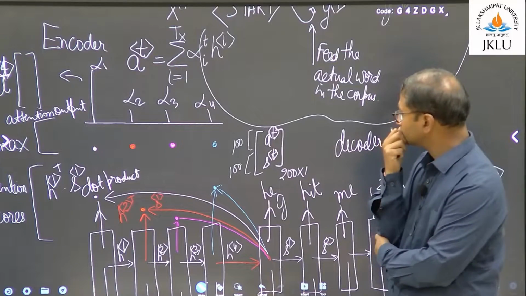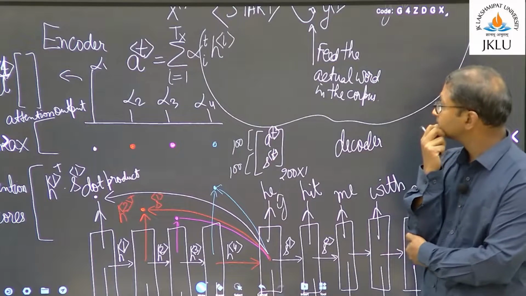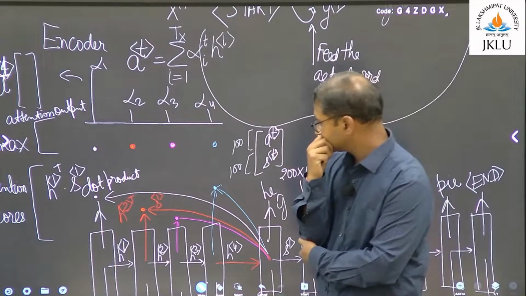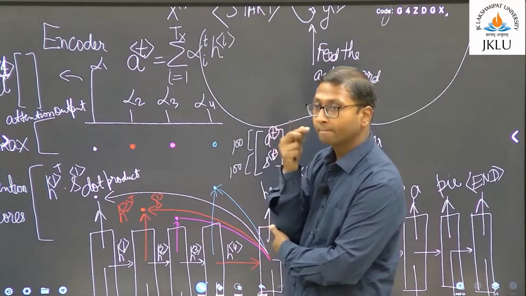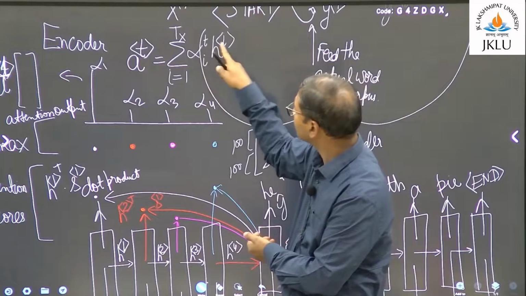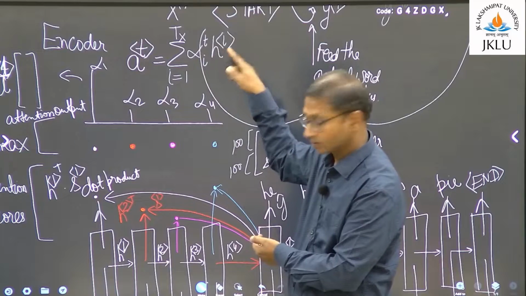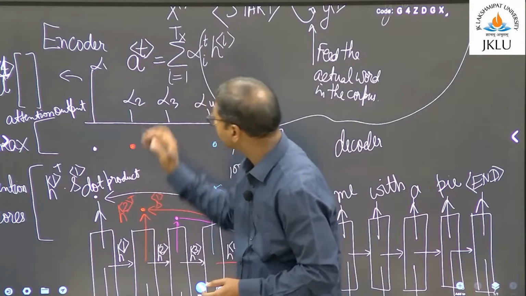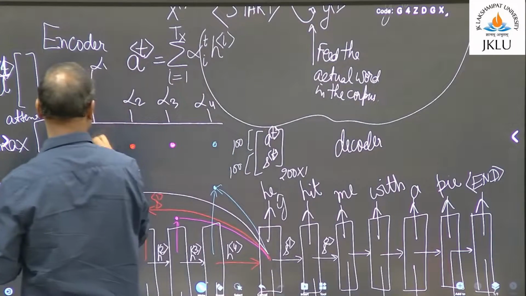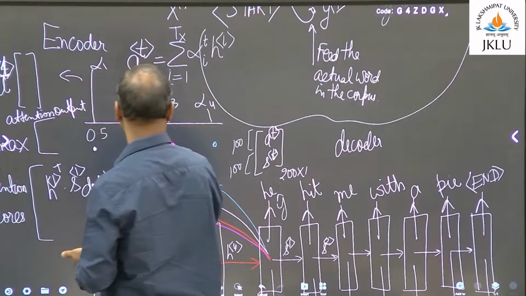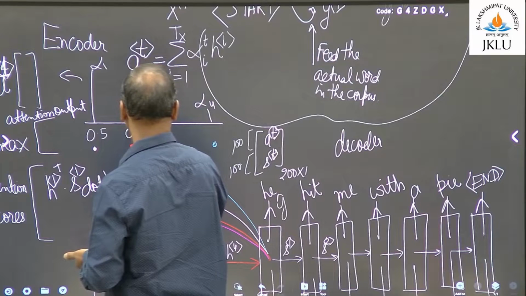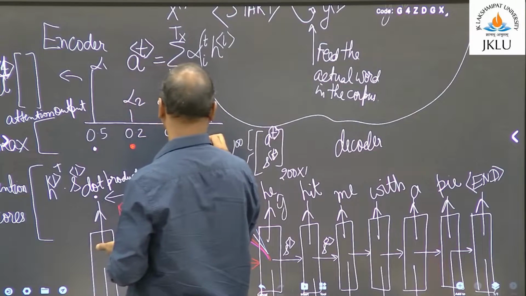So then sir, why are we taking the summation, directly this A1, we will multiply alpha 1 and H1? See, alpha 1 H1 is already being multiplied here. So what we are saying here is something like, let's say this number is 0.5, this number is 0.2, 0.1 and 0.2.